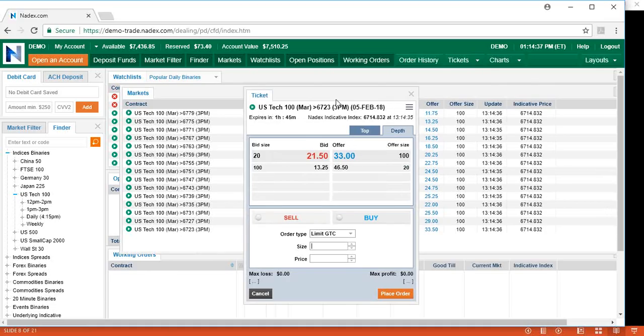At expiration, a binary is either worth 0 or 100. But if the binary expires at 67.22, just one tick below it, then the statement is false. What if the market expires literally at 67.23.000?